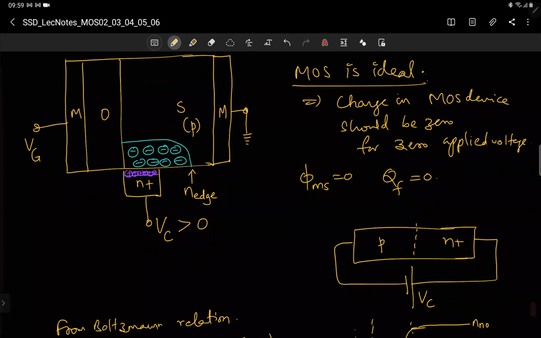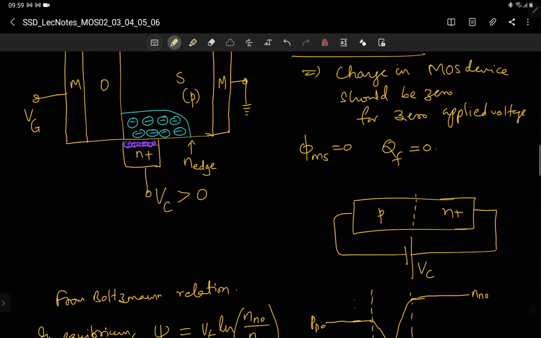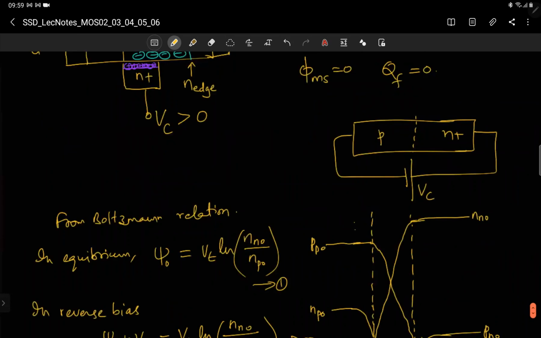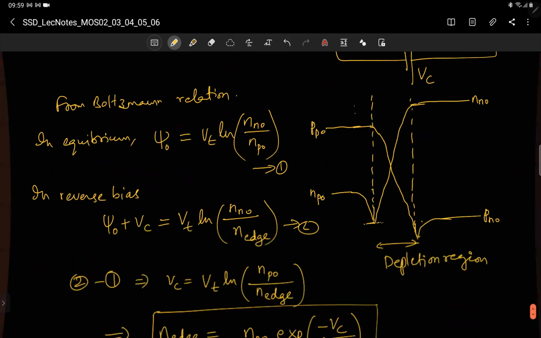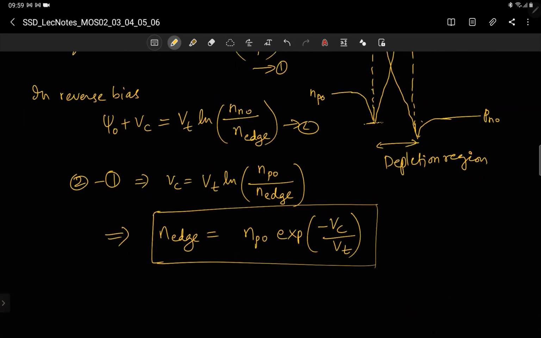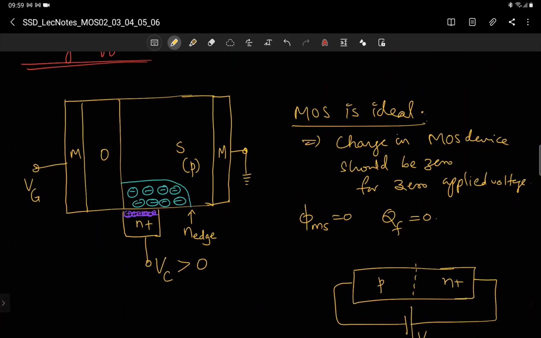Let me not write the expression there. The concentration there is N edge, and that is on the P side at the edge of depletion. That is why we have derived an expression for it, because that becomes important when you want to derive the semiconductor charge as a function of gate voltage. Okay, so I'll stop here.